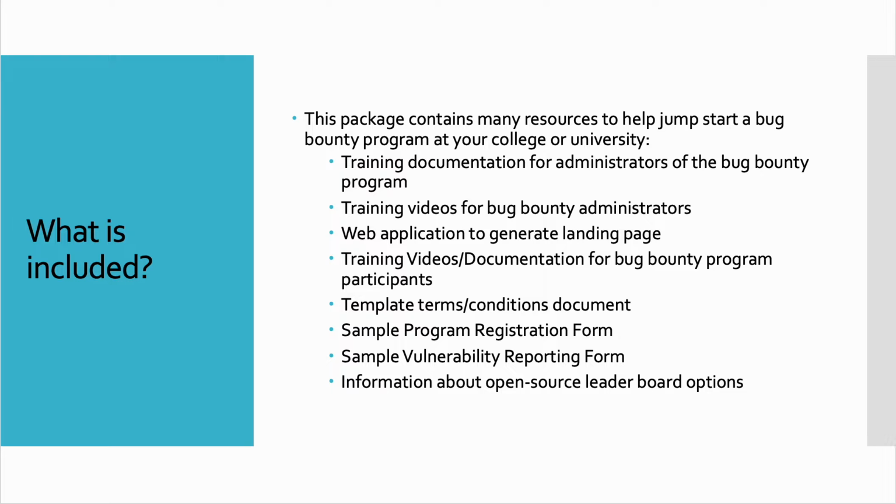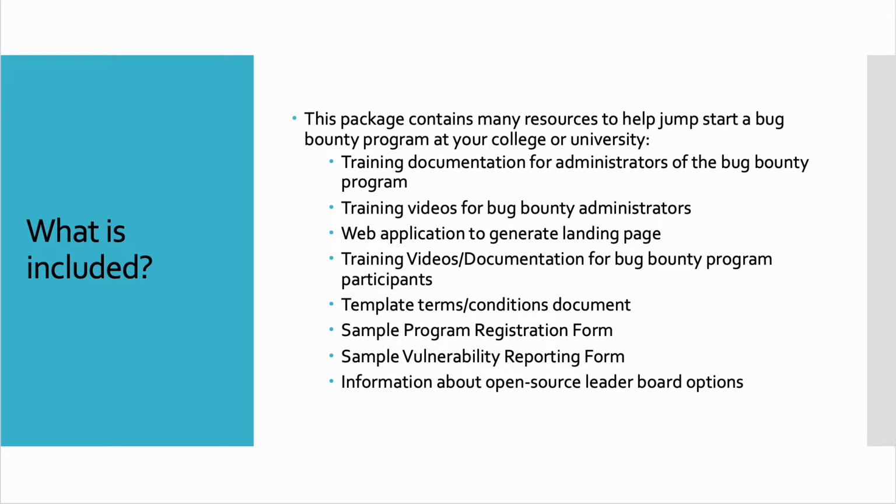So this package is meant to help facilitate the launch of a bug bounty program at your university and help make it a bit easier. This package contains training documentation for you as administrators of the bug bounty program, as well as these videos for administrators.